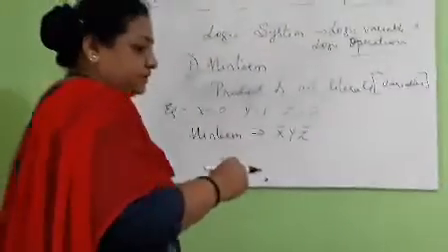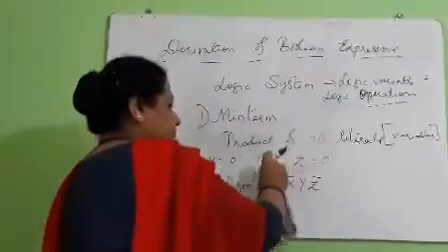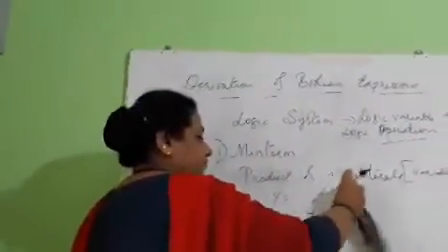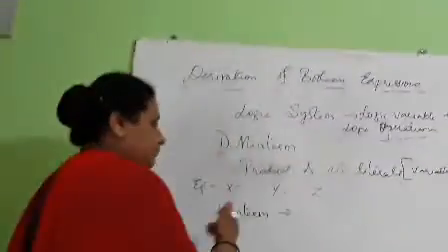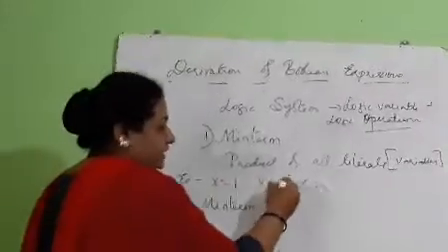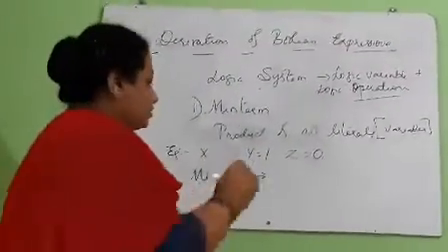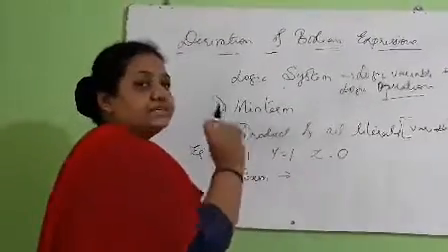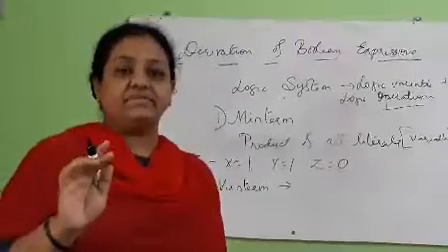Say x is equal to 1, y is equal to 1 and z is equal to 0. As I told you, if a variable represents 1, it is the same as the variable.